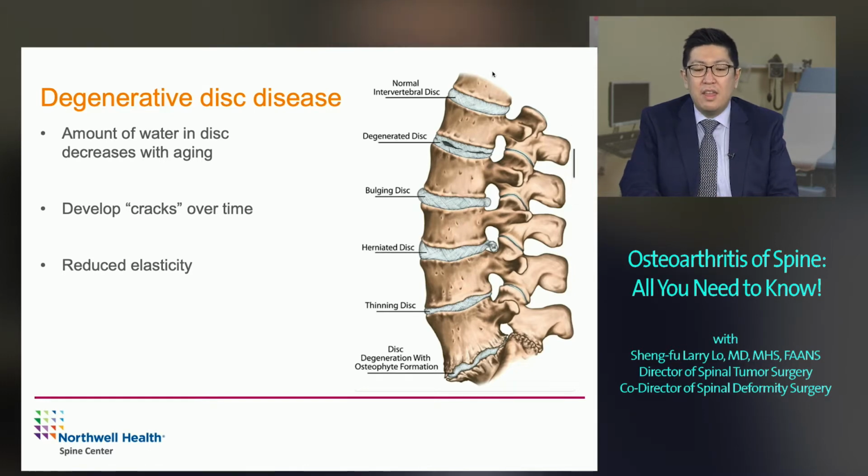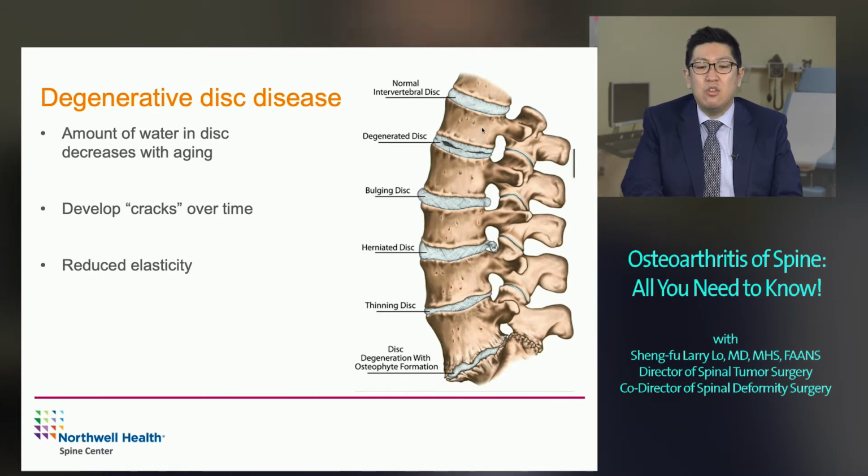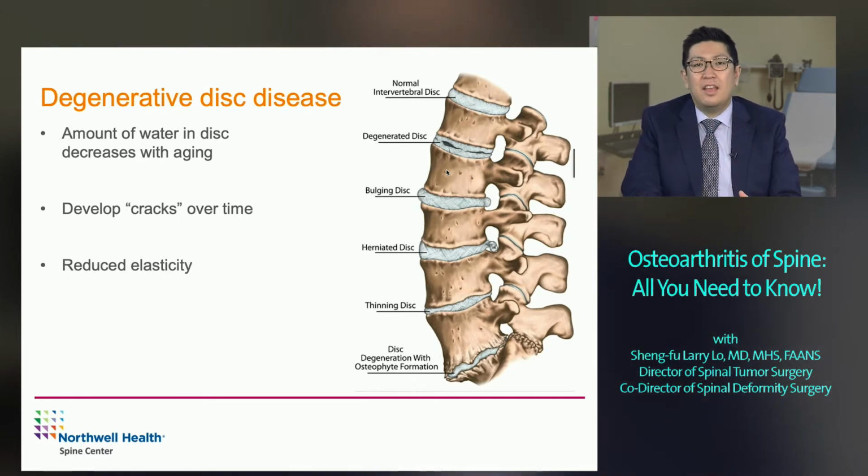A healthy lumbar disc is well hydrated, nice and plump, and doesn't have any cracks. Then as you age, you see on that second disc that I'm circling that there are small cracks in the disc. As a result of those small cracks, the disc loses elasticity and becomes a little bit more stiff.